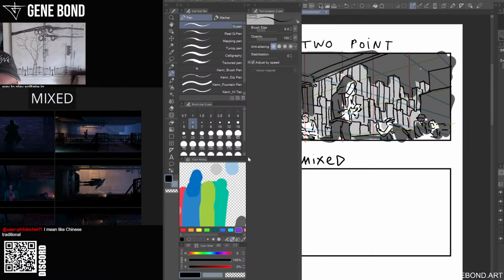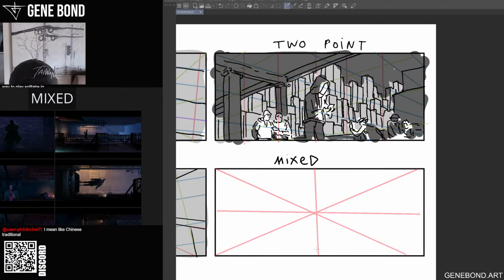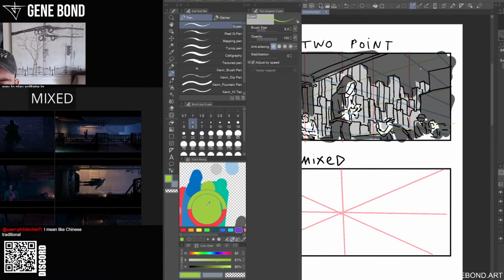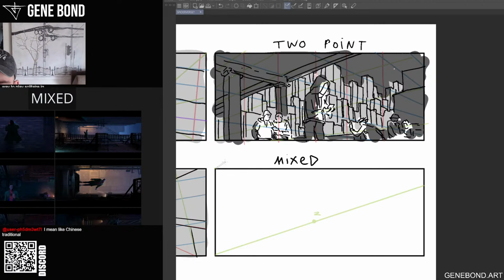So for example, 1 point perspective. Oh, wait a second. Yeah, I already made a mistake here. So 1 point perspective, kind of like Z vanishing point.